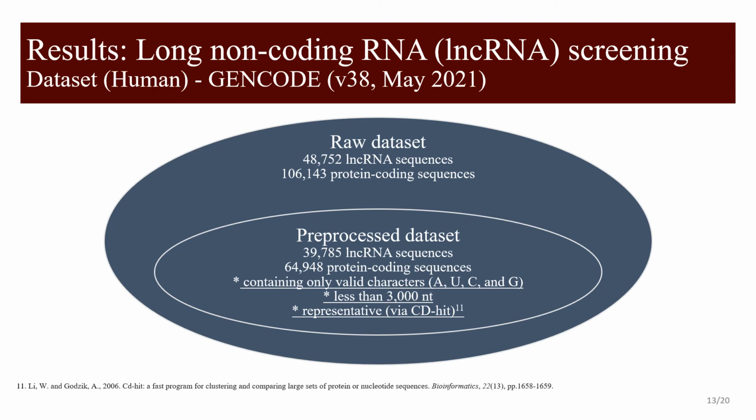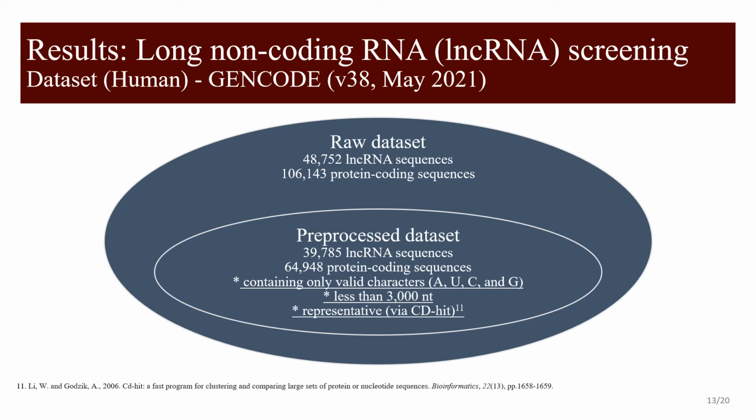We collected nucleotide sequences of RNA transcripts on the human reference chromosomes consisting of 48,752 LNC RNA sequences and 106,143 protein coding sequences from GENCODE version 38.